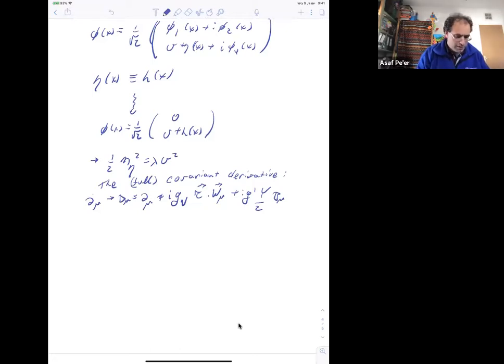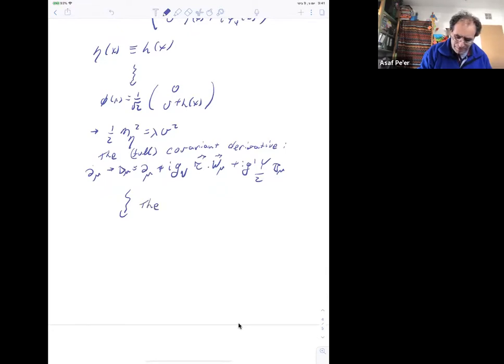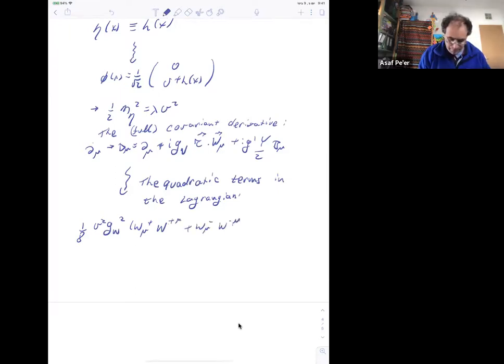And then there is the diagonalization of the matrix of the W3 and B going to Z and A. So we end up, again, with the quadratic terms in the Lagrangian: 1/8 v squared g weak squared (W mu plus W plus mu plus W mu minus W minus mu) plus 1/8 v squared (g weak squared plus g prime squared) Z mu Z mu.